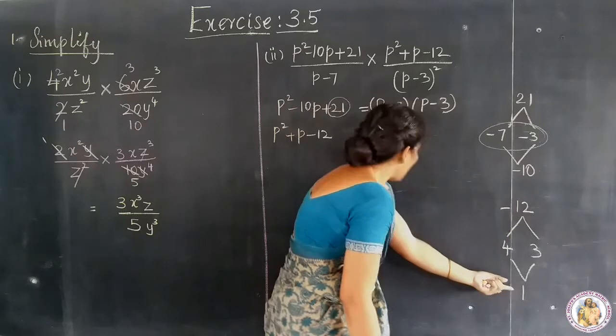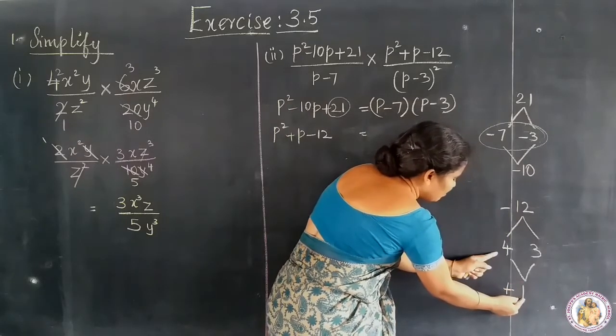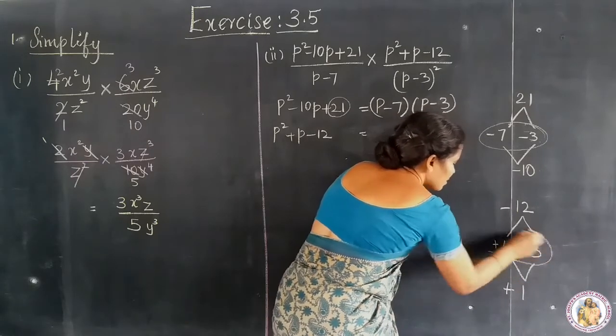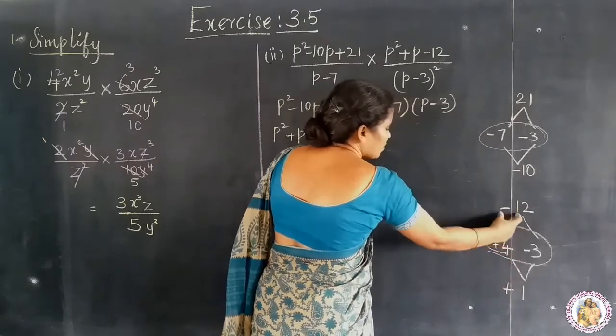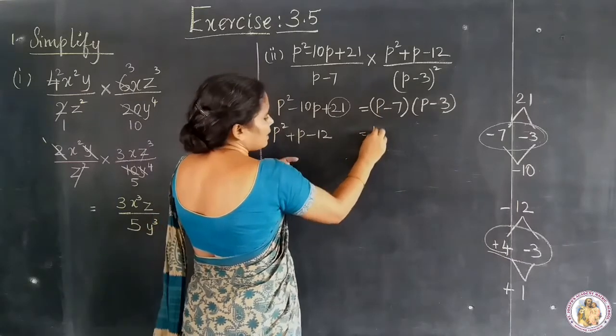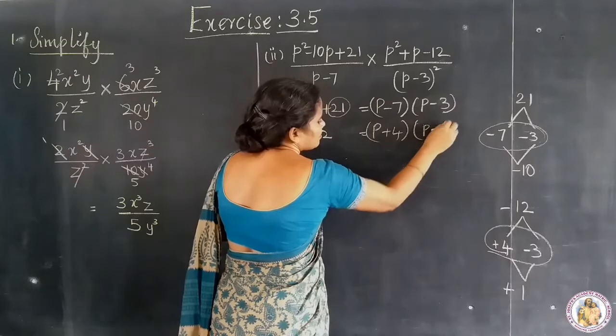But here we have to get plus 1, so for the greater number use plus and for the smaller number give minus. So 4 minus 3 is plus 1. 4 threes are 12. Plus into minus, minus. So the factors are p plus 4 and p minus 3.